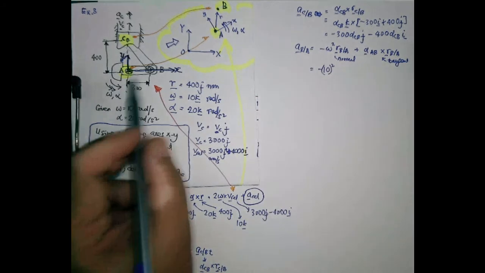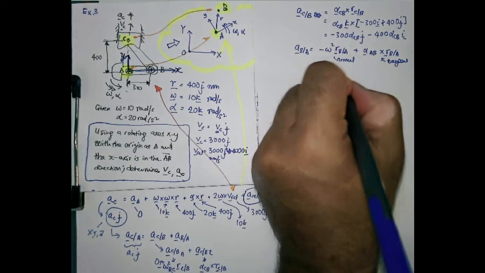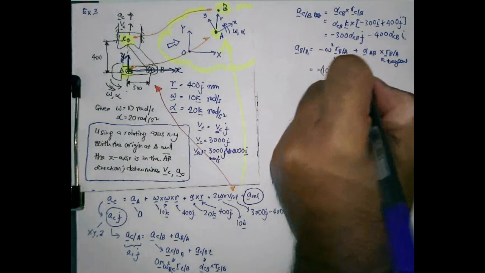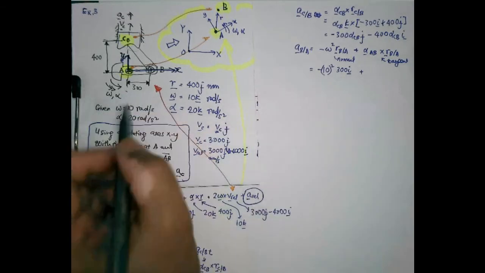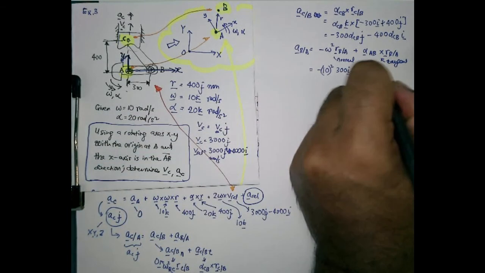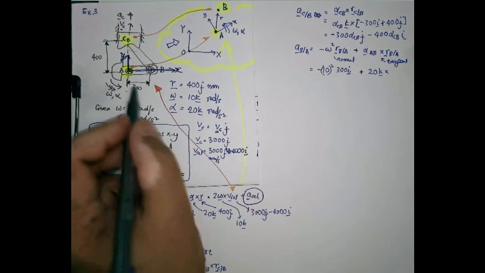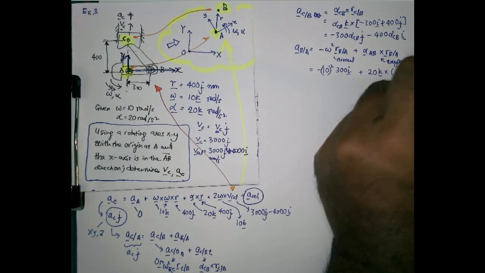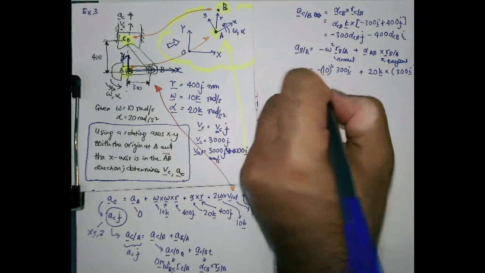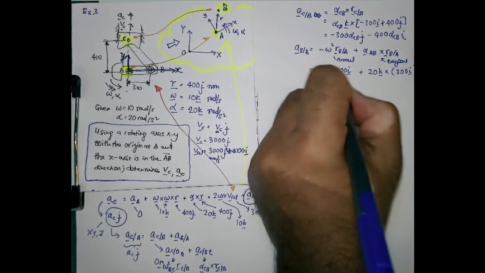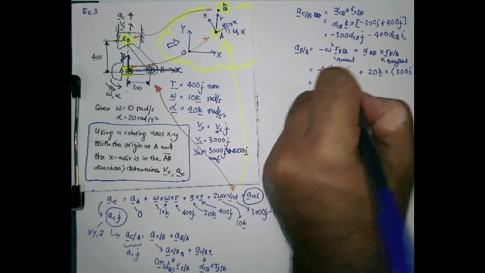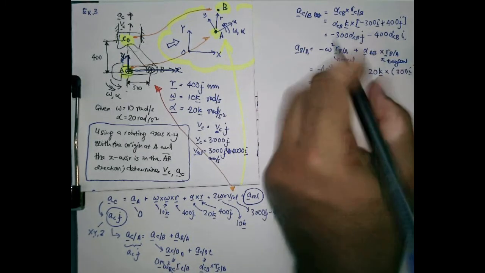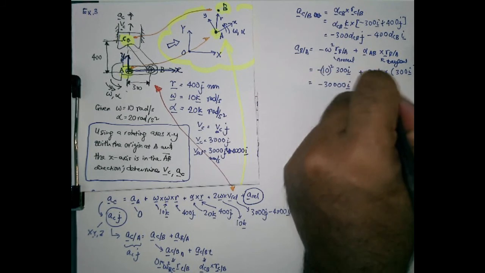Position B relative to A is 300i. Alpha AB is given as 20k. So this is minus 30,000i. K cross i is j, so this is 6,000j.